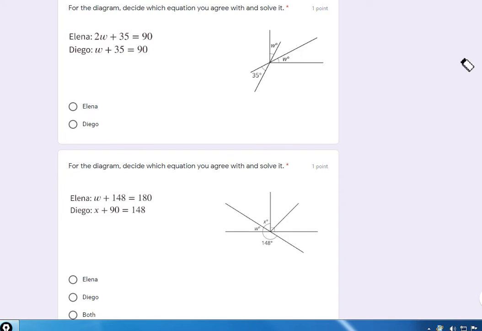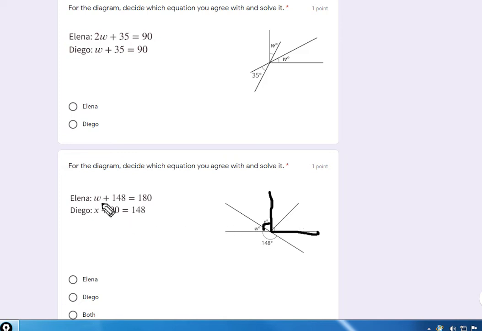Okay, and let's check out down here. We know this information. Let me get a different marker here. We know that this is 90, and if this side is 90, that also means that this side is going to be 90. Okay, so let's find the information.